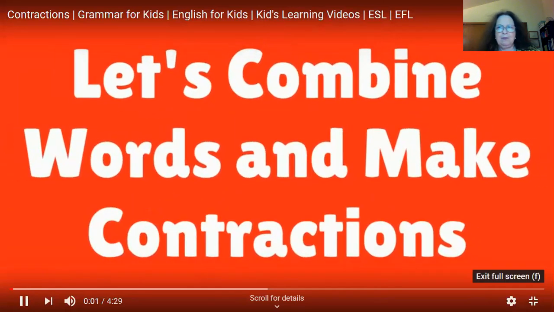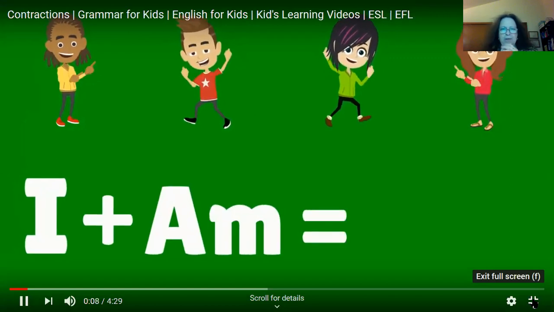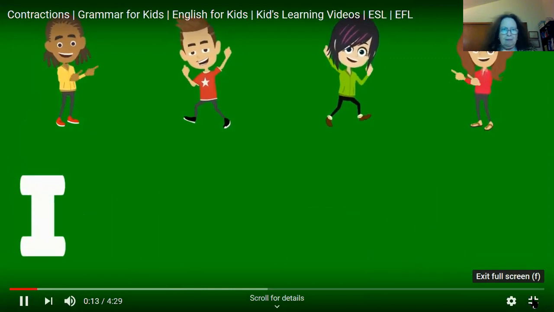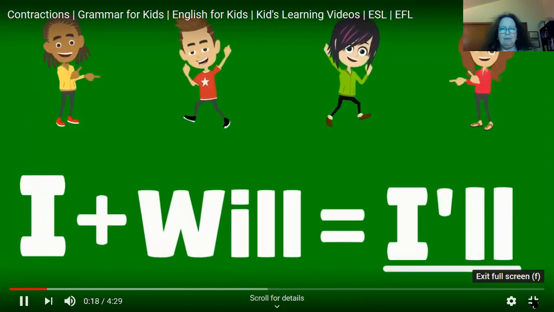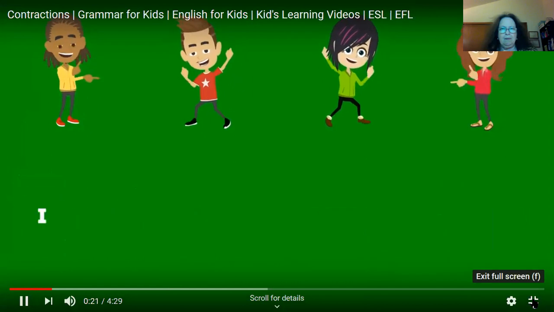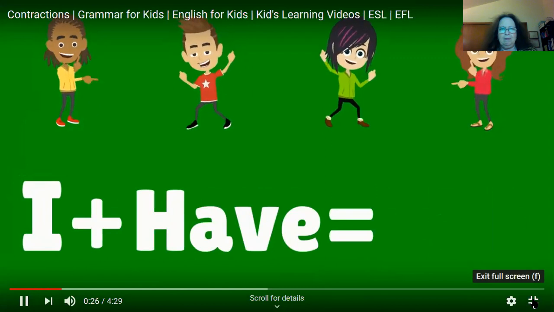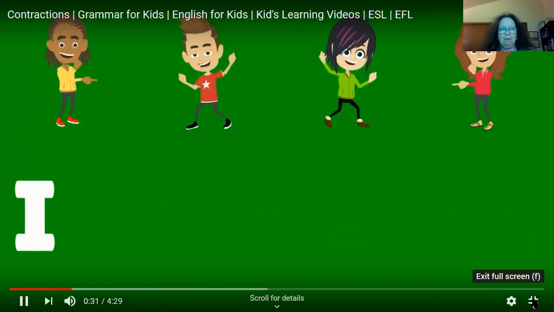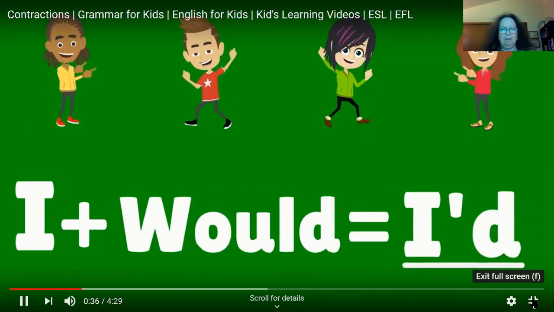Let's combine words and make contractions. I plus am equals I'm. I plus will equals I'll. I plus have equals I've. I plus would equals I'd.